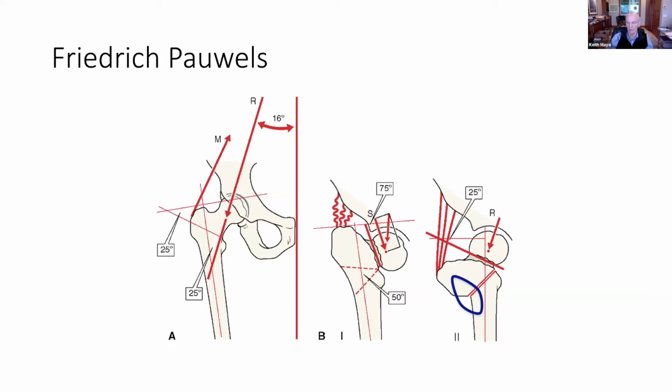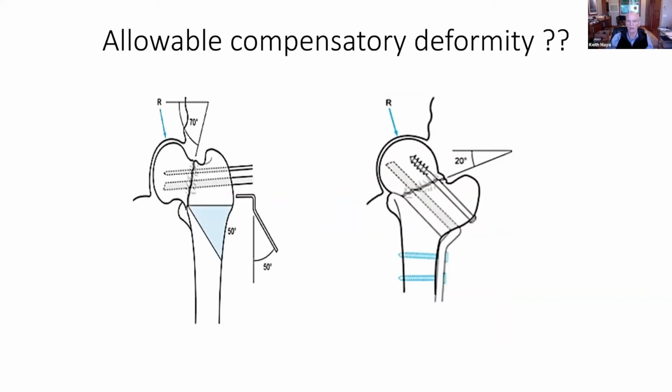I'm not going to spend much time on that because I think it's probably far less important now than it was originally. And so if we looked at the correction guidelines, originally, these are the numbers given by Langenskiöld in his original manuscript: if you wanted to create compression across the non-union site, you had to bring the non-union site to within 20 degrees of the horizontal axis, which resulted in a lot of stick femurs and a lot of very severe corrections.